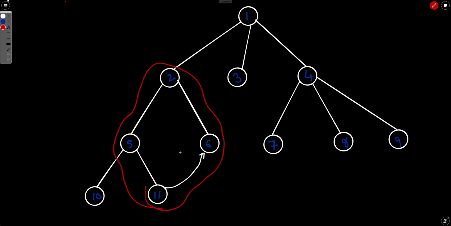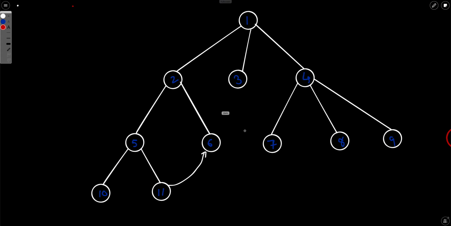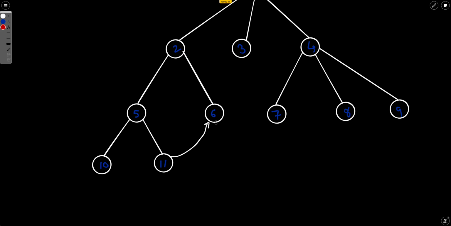Now, because there is a cycle, the given structure can change. How can it change? You can see 5 goes to 11 and 11 goes to 6. One of the possible structures could be this. The given structure is one of the possible structures, but another possible structure could be that 6 is not there, 6 is here.